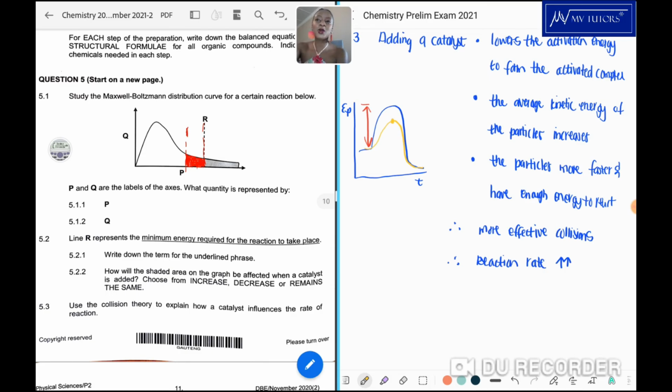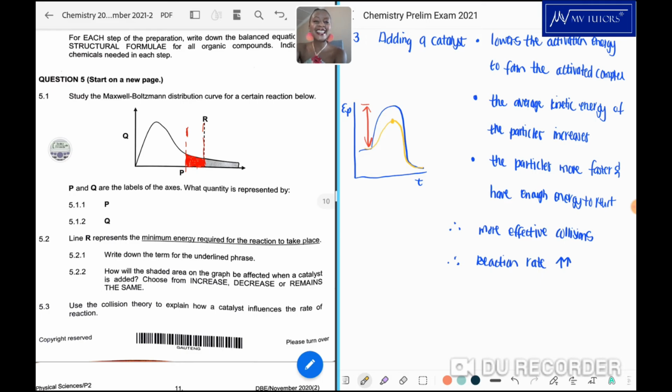So adding a catalyst lowers the activation energy to form the activated complex, where reactants go into products. Then the average kinetic energy of the particles increases. Like I said, you don't need that much energy anymore for your products to form.